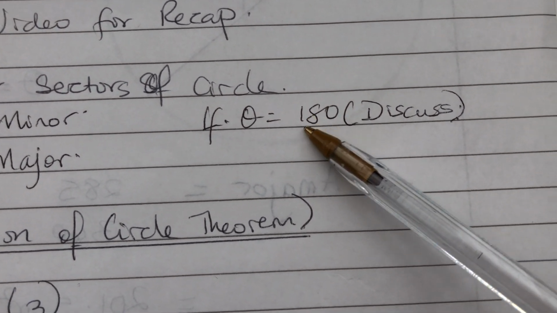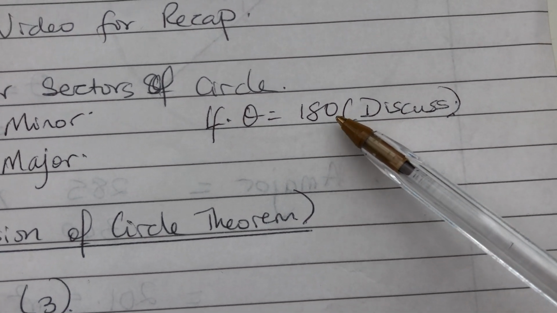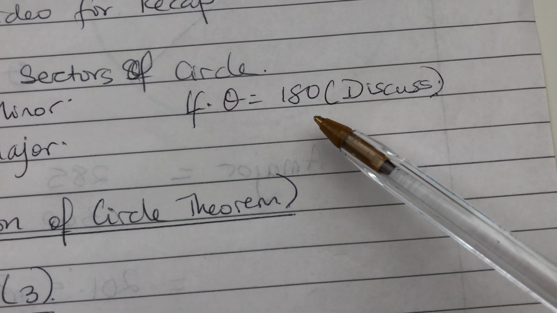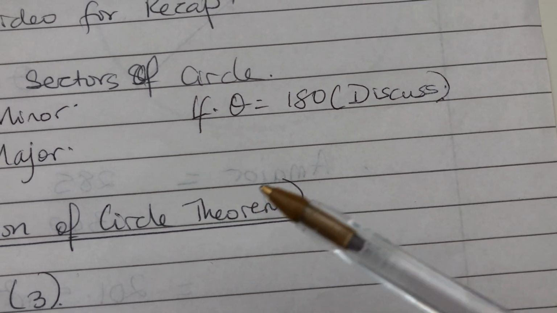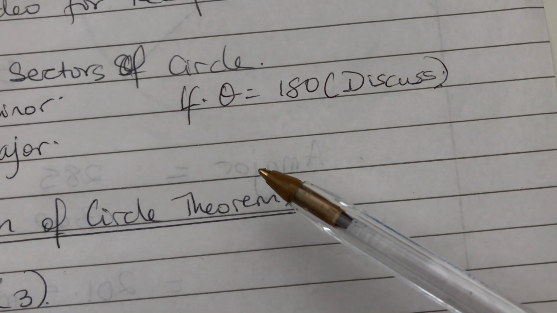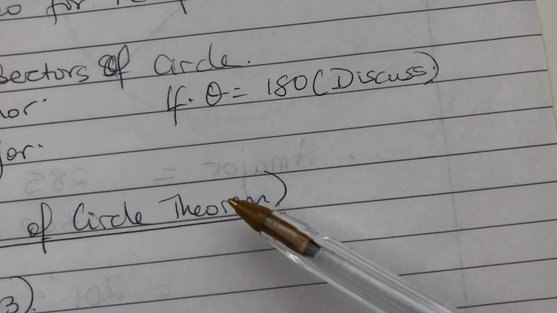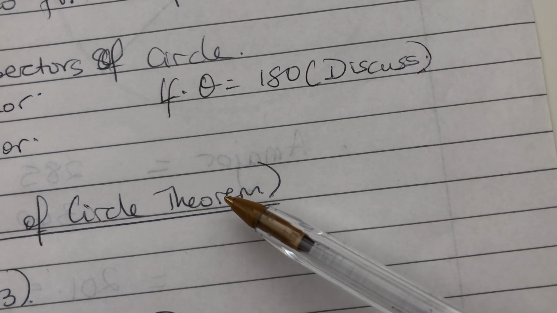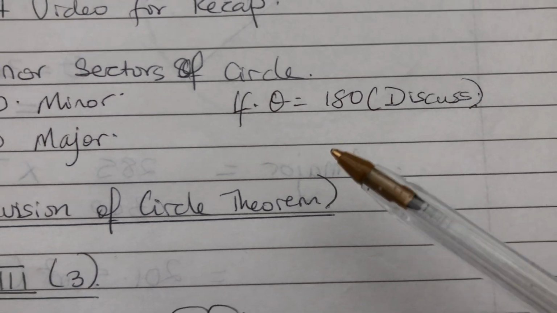I just wanted to throw this in there. So if theta is 180, then that will be half of the circle. But anything less than 180 will be your minor sector. Anything greater than 180 will be your major sector.